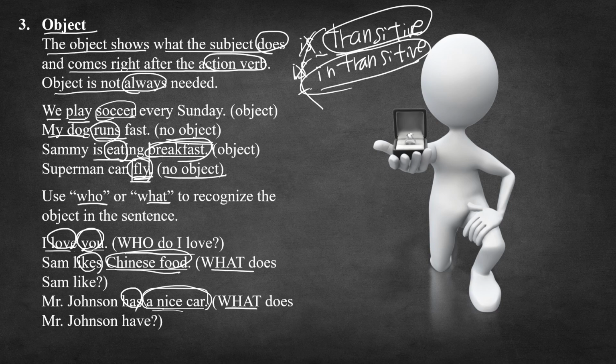So anyway, object is one of the elements we need in a sentence. But as I said, if the verb is transitive, we need an object. So if the verb is intransitive or a be verb, a state verb, we don't need an object. So not always, that's the keyword.